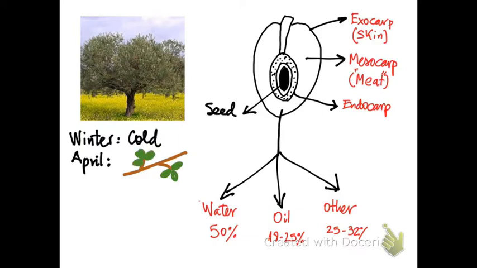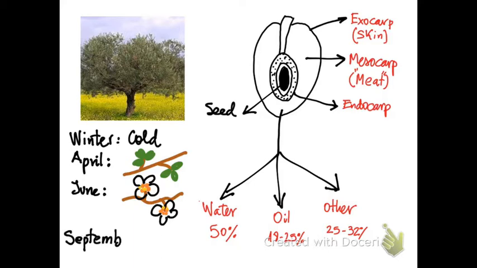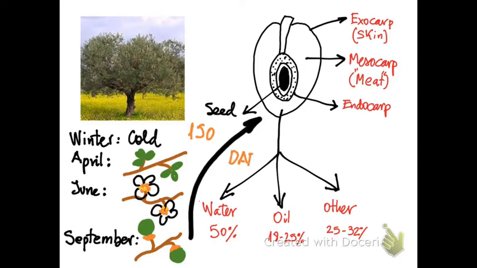As you can see, we need a cold winter on the olive tree. In April the flowers start to appear, the green flower is usually in June, July appear the first flowers, and usually in September it's possible to see the first small olive.